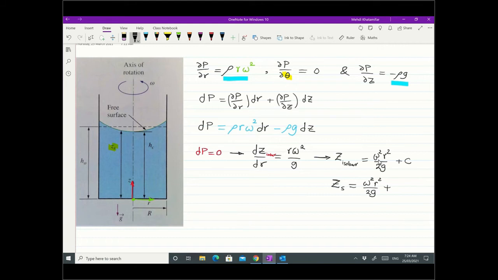What is the distance from 0, 0? As you can see here, we named that distance hc. So that distance is going to be hc. This is just for the case of the surface. Let me write this s for the surface.